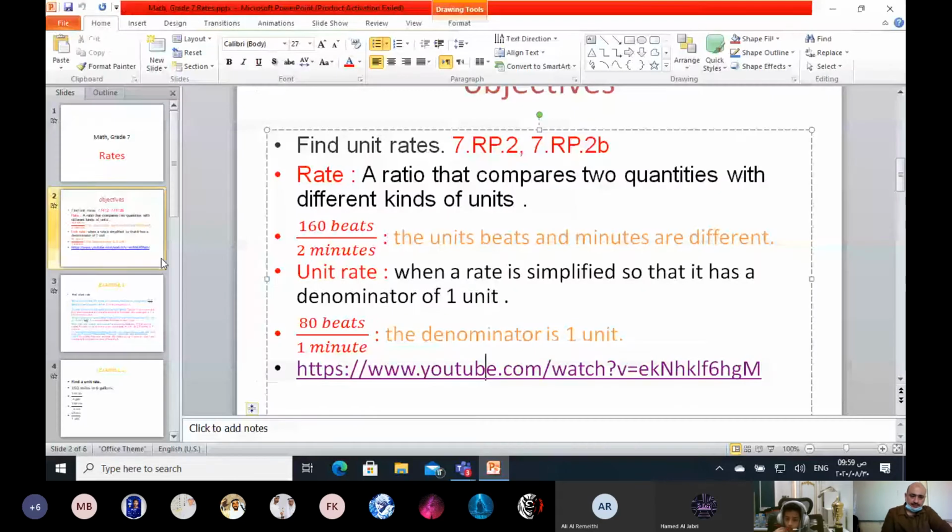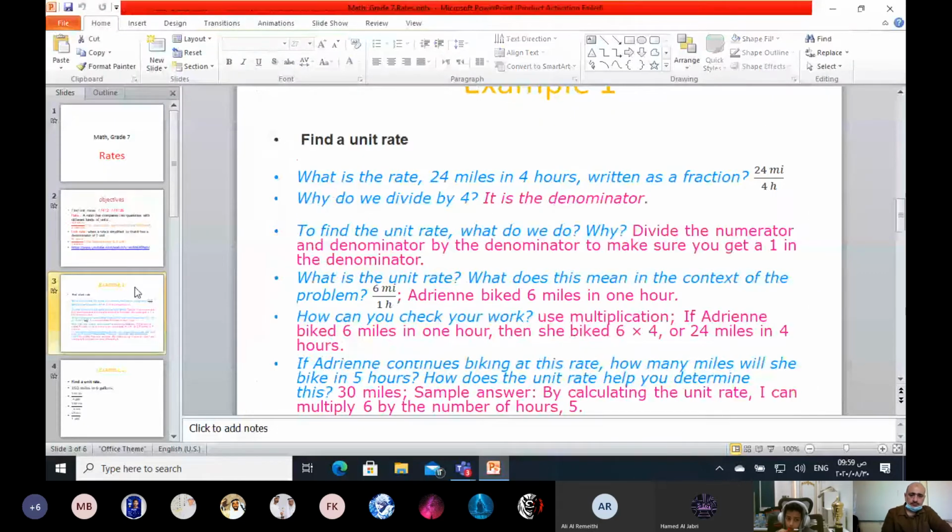For example, we want to find a unit rate. Now, what is the rate? 24 miles in 4 hours. As you see here we have miles, here we have hours. So we have different units.